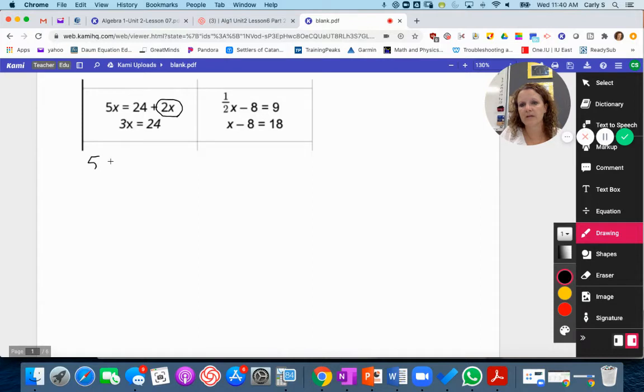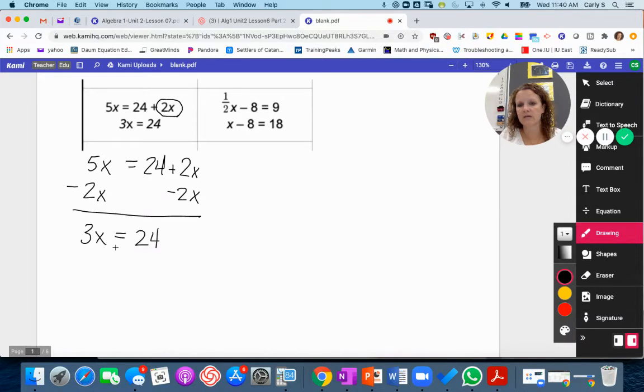On that first equation, if I subtract 2x from both sides, I get 3x equals 24, which is the same as this one. So they're equivalent because, like I said, I have a balance here. If I subtract 2x from one side, I subtract it from the other side, and it's a valid move.